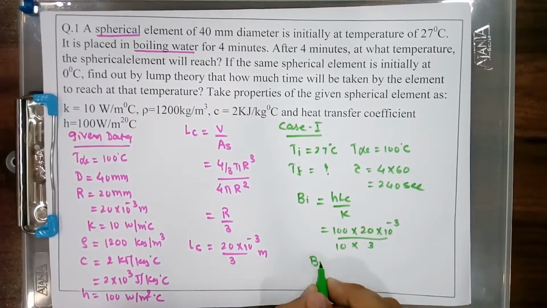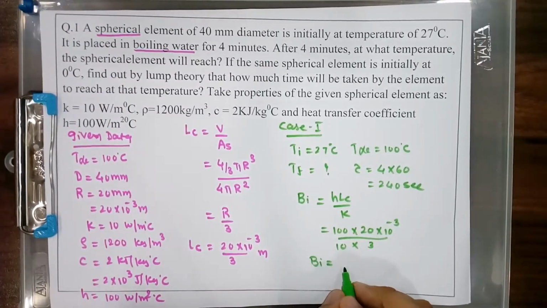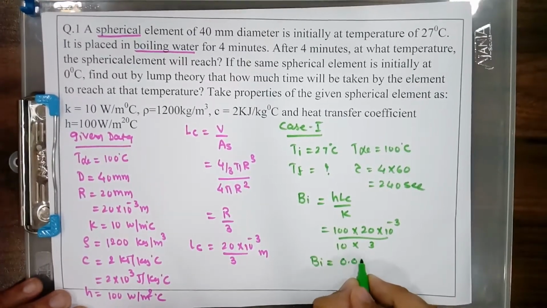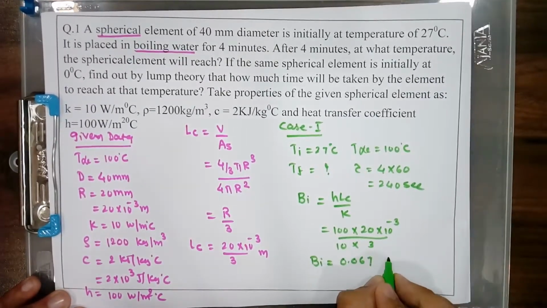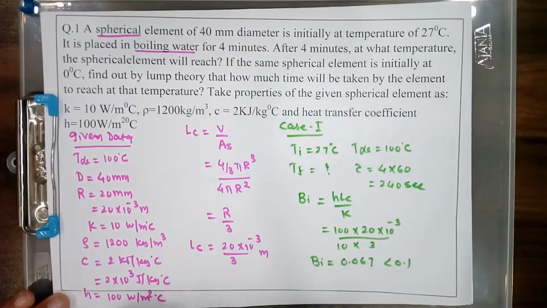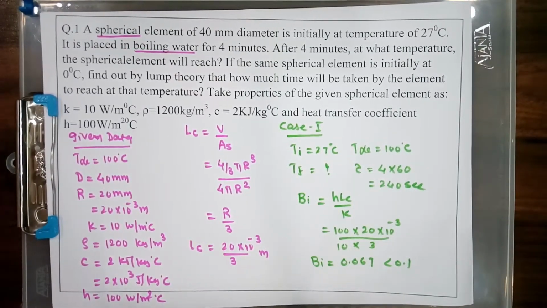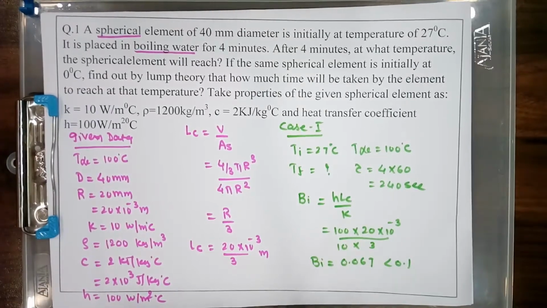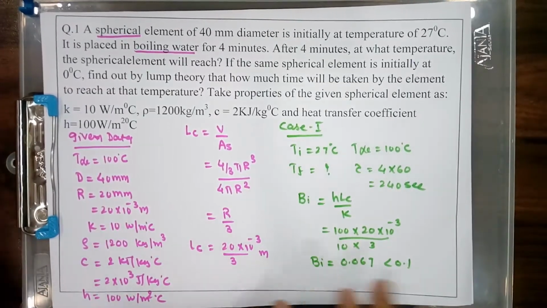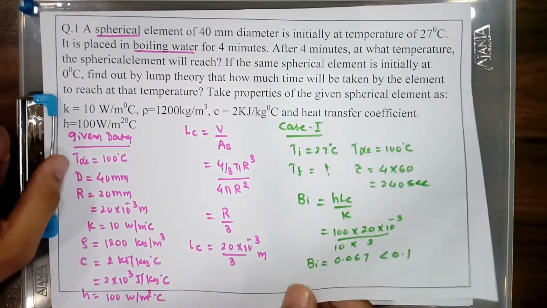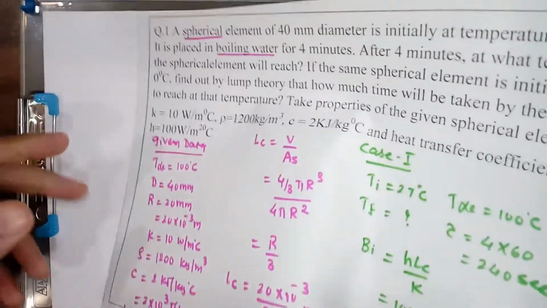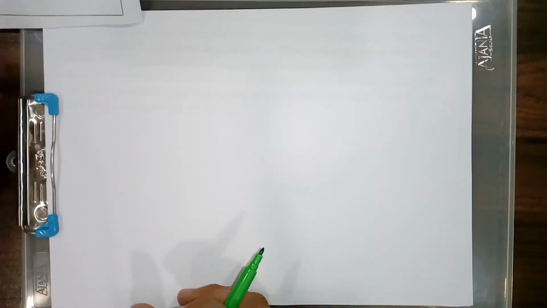So we get the Biot number value as 0.067, which is less than 0.1. Hence we can say that the lump parameter analysis is applicable to this case of transient heat conduction. So let us analyze case 1 using this lump parameter analysis.